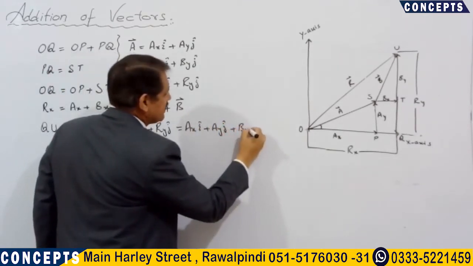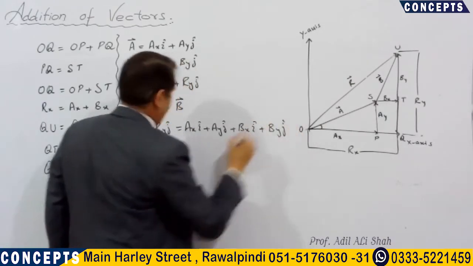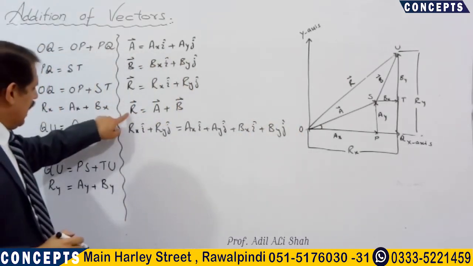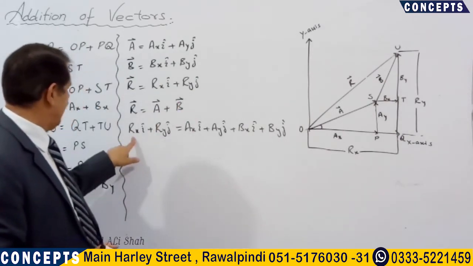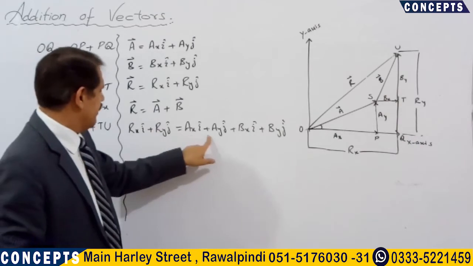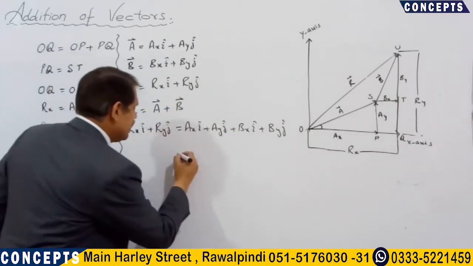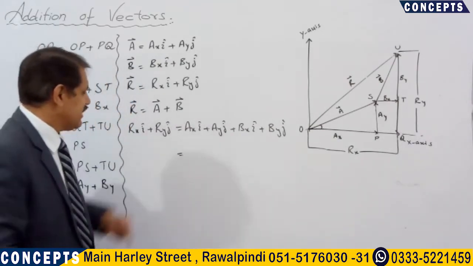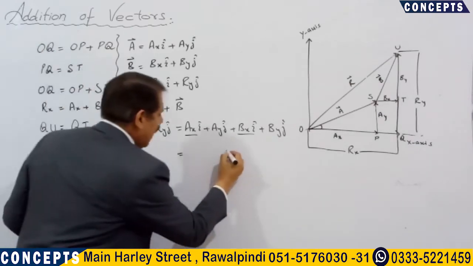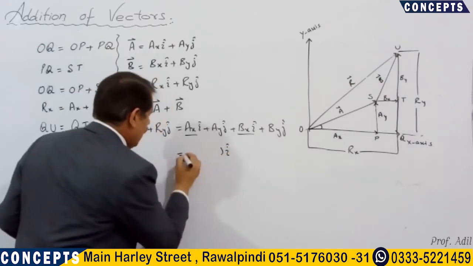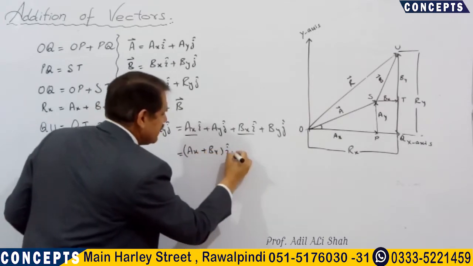Similarly, B is Bx i plus By j. This is the value of vector R, Rx i plus Ry j. We have written it here, vector A and vector B. Now, taking i as common from these two, we get Ax plus Bx.